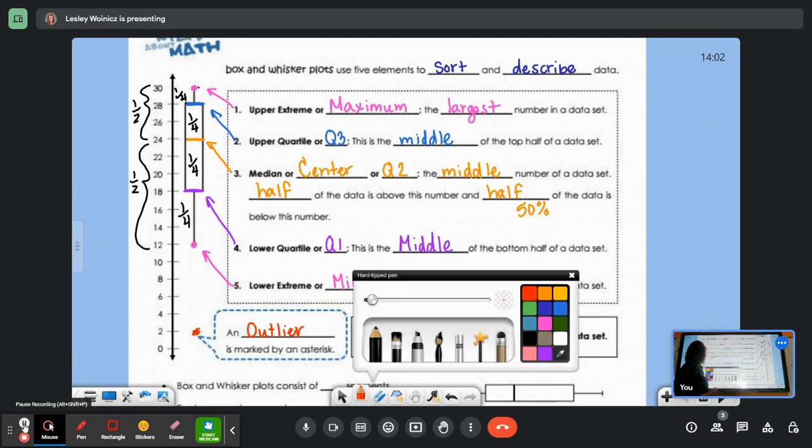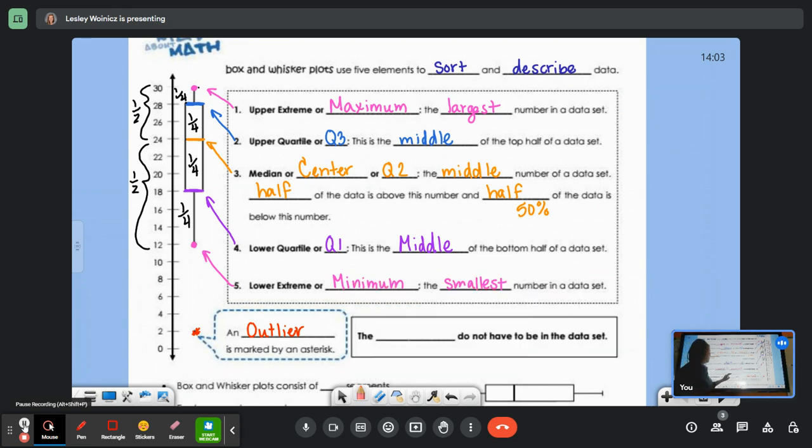This is important, and it's kind of weird to think about, but our quartiles do not actually have to be in the data set. We're going to write it, and then we're going to talk about why. Do you remember when we had an even number in our data set and we had to find the median and we had to go between two numbers?